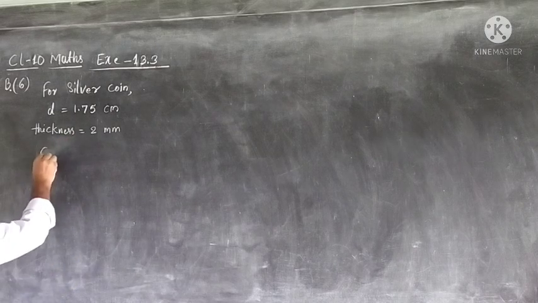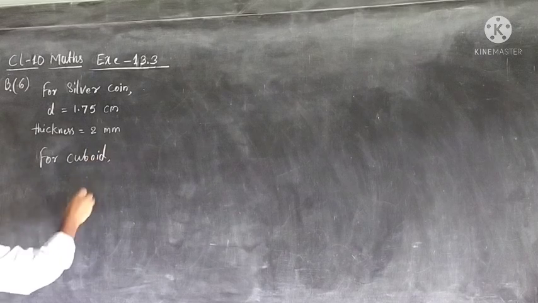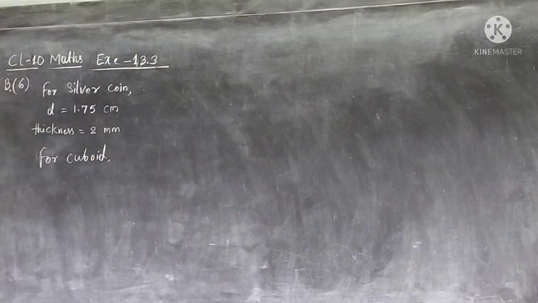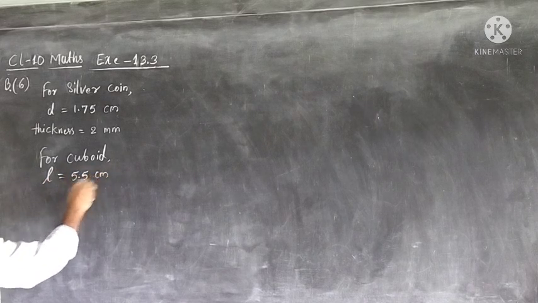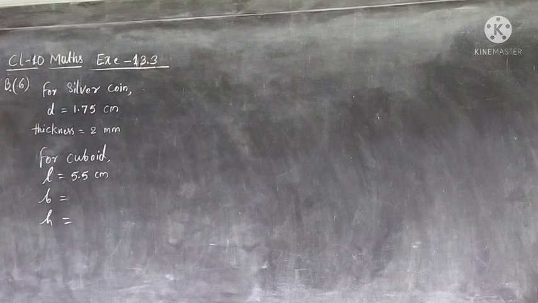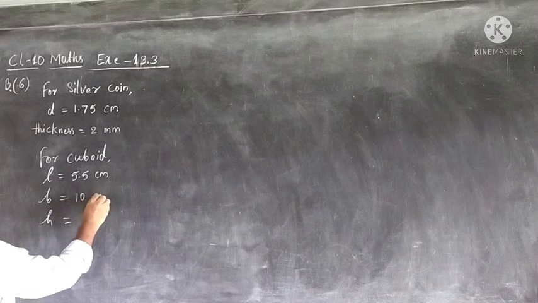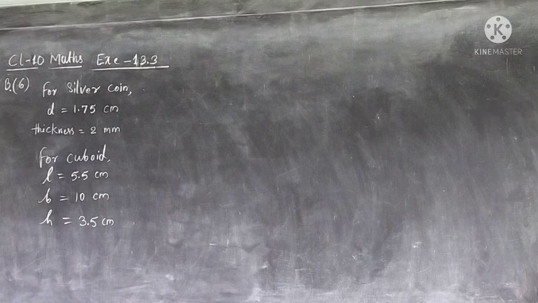So, for the cuboid the dimension is 5.5, that is length, 5.5 centimeter. Another one is breadth, we just consider length, breadth, height or length, breadth, thickness, whatever, 10 centimeter and 3.5 centimeter, breadth and height or thickness.